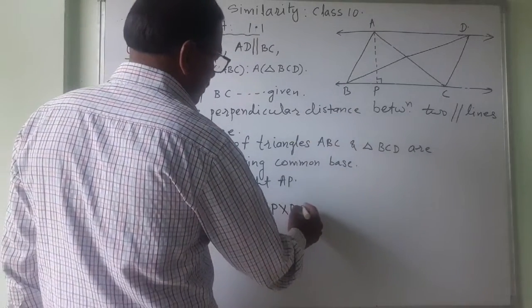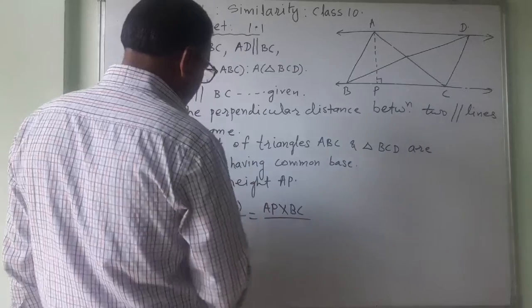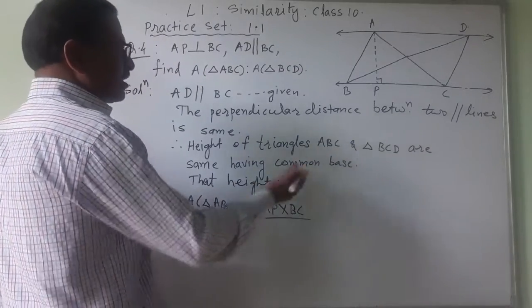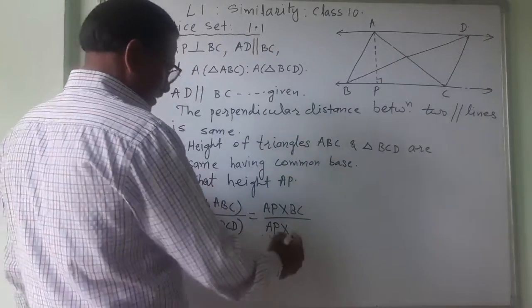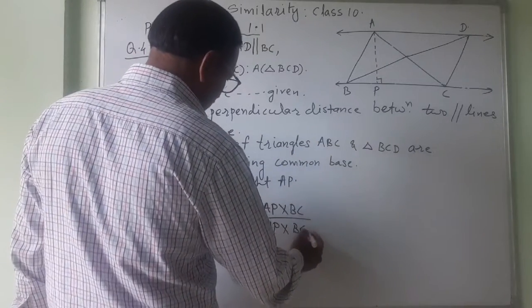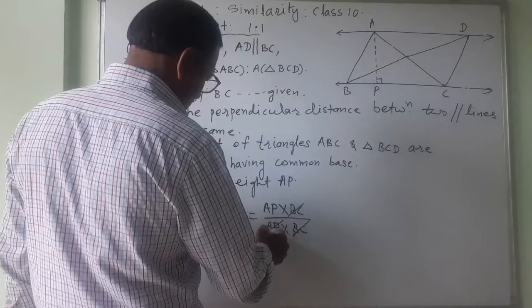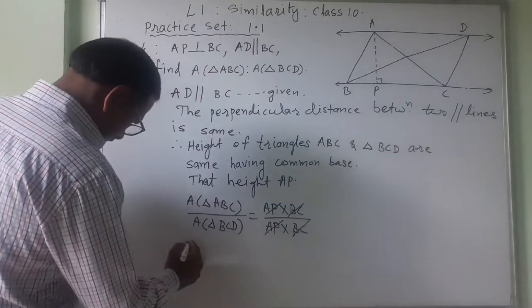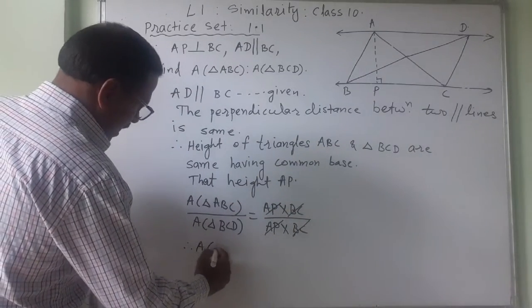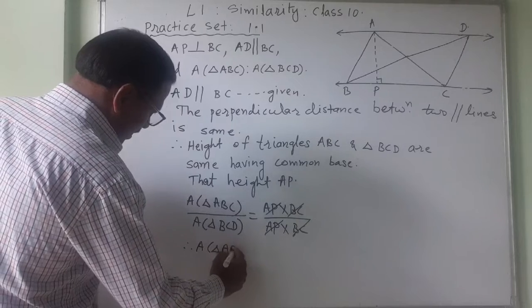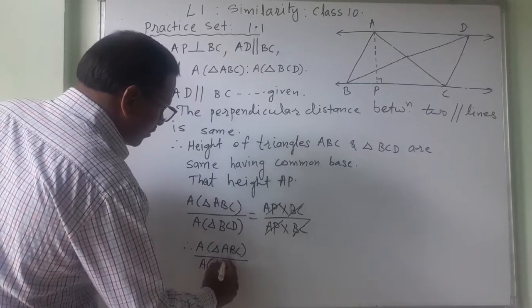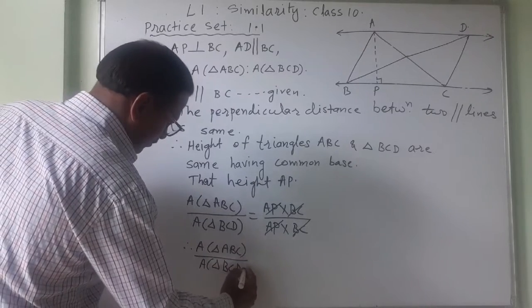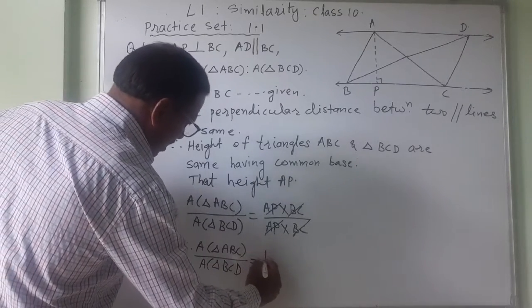BC, upon what is the height of BCD? That is also AP, into base is same BC. This will get cancelled, this will get cancelled, and therefore area of triangle ABC upon area of triangle BCD is equal to 1 upon 1.